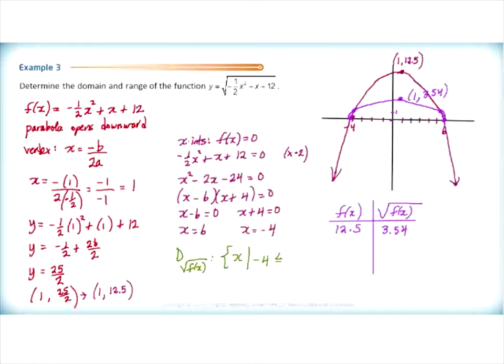So we write it as -4 is less than or equal to x, less than or equal to 6, and x belongs to the set of real numbers. The range, on the other hand, are all values of y that are greater than or equal to 0, but less than or equal to the square root of 25/2, which is approximately 3.54. And y belongs to the set of real numbers.